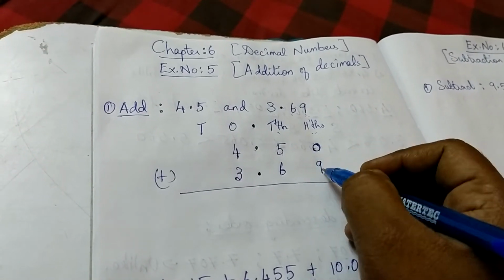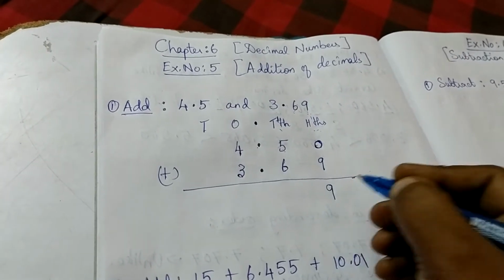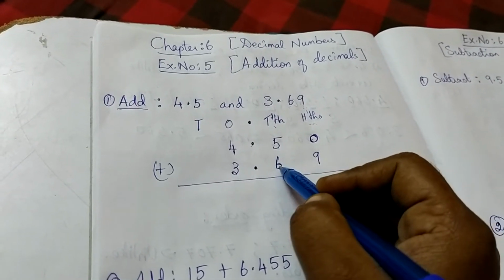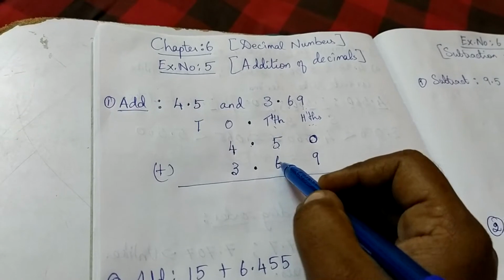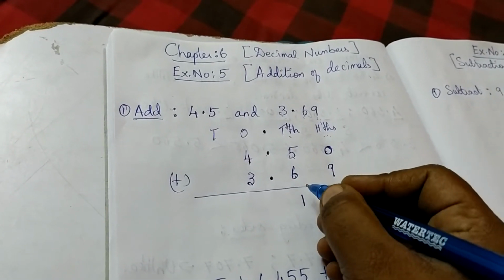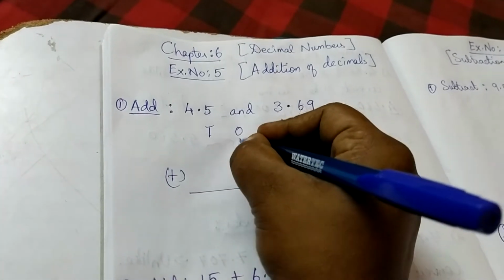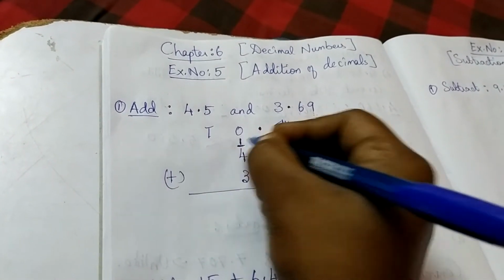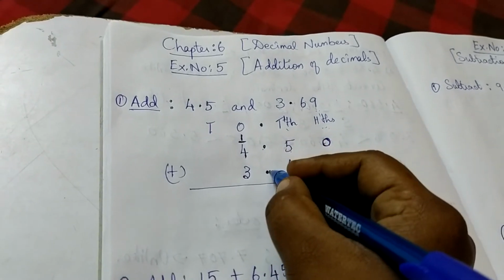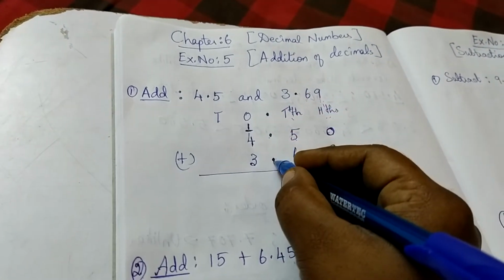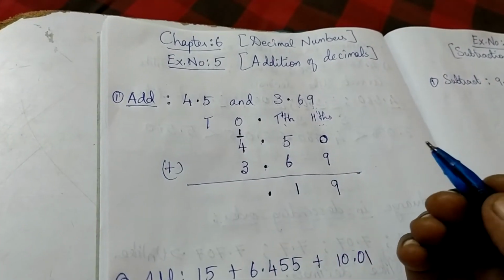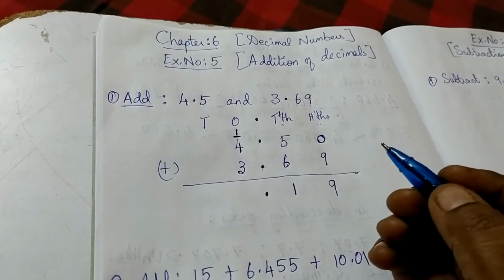Now add it, 0 plus 9, 9. 5 plus 6, you will get 11. So 1 here, and as usual you carry forward the 1 over to the whole number. Keep the decimal point in the same row.